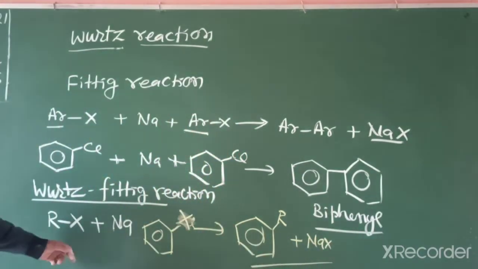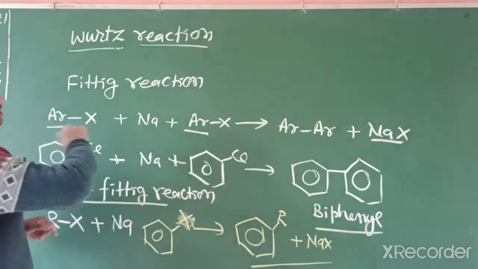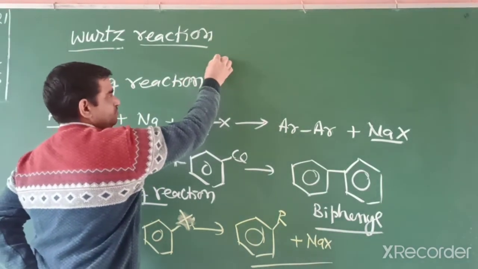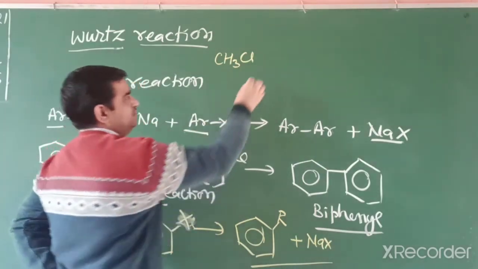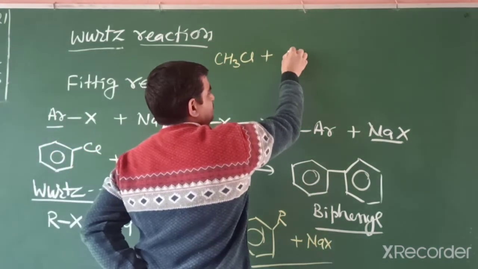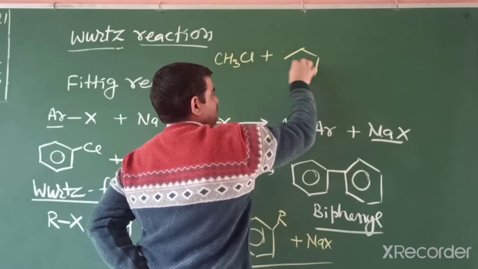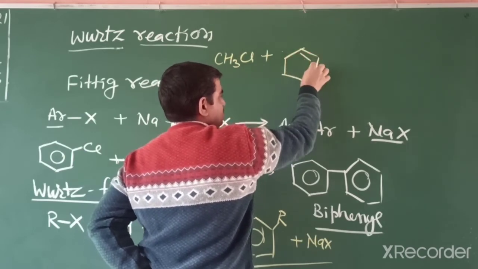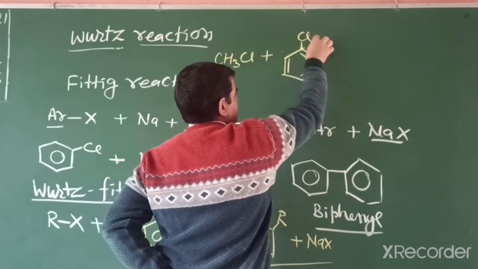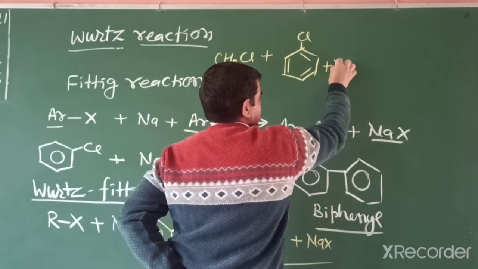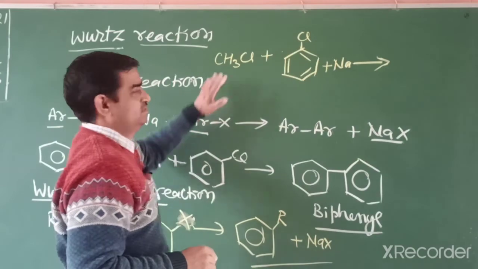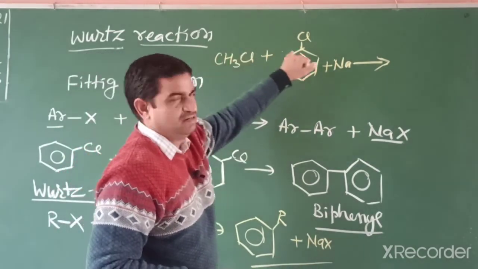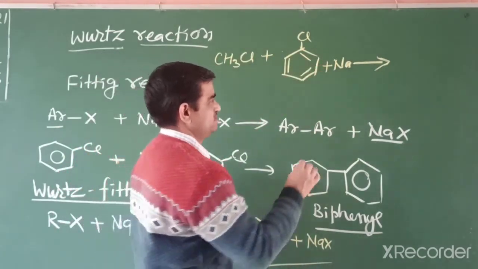If we explain Wurtz-Fittig reaction with one example, CH3Cl reacts with chlorobenzene and sodium metal in dry medium, then what happens? In this reaction, R and the aromatic group combine.